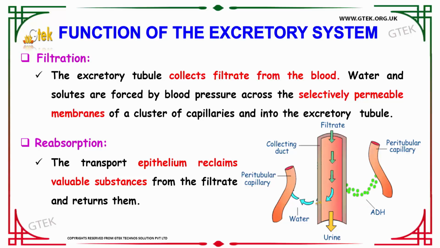So the main function of your excretory system is filtration. Filtration is a process in which your excretory tubule collects the filtrate from the blood. The water and the solutes are forced by the blood pressure across the selectively permeable membranes of a cluster of capillaries and then into your excretory tubule.